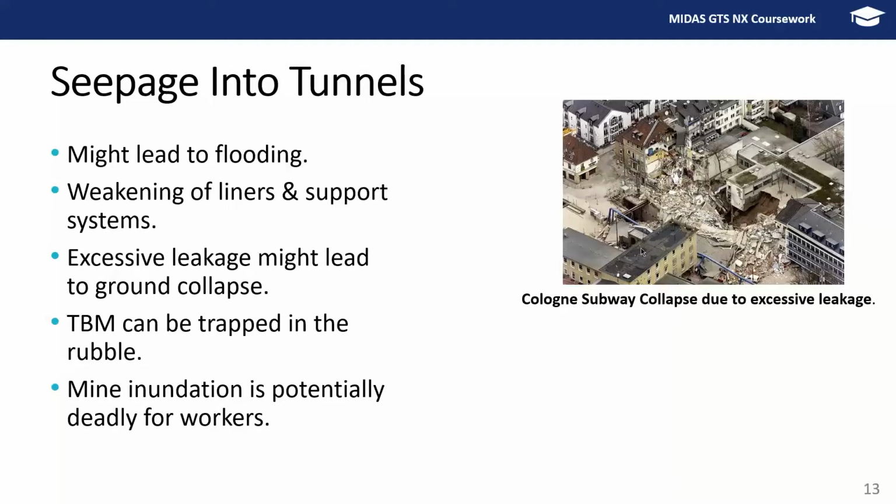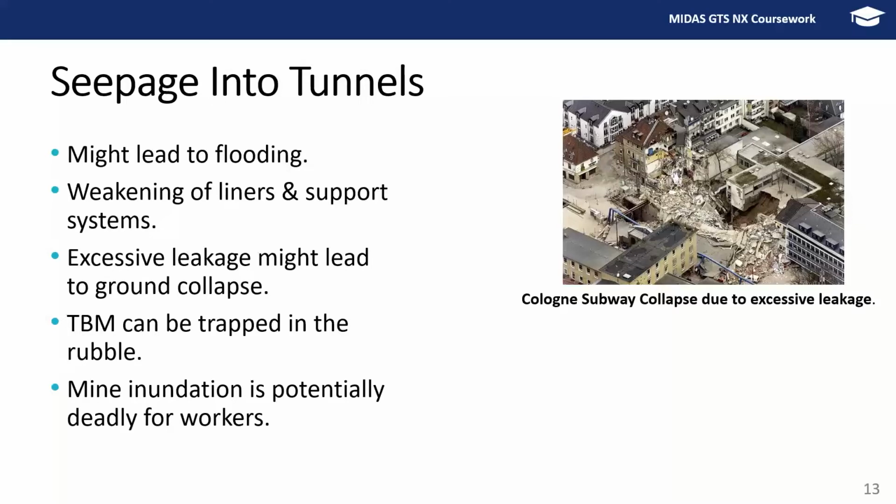These kinds of incidents have also happened in India when a TBM punctured an aquifer, and the entire ground started having very strong vibrations and people had to be evacuated. And the bad side of this issue is that the TBM can be trapped in the rubble, and this has actually happened in India and also in the US. Now, finally, some of you might have heard of the term mine inundation.